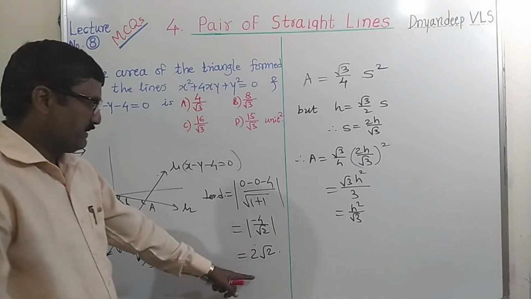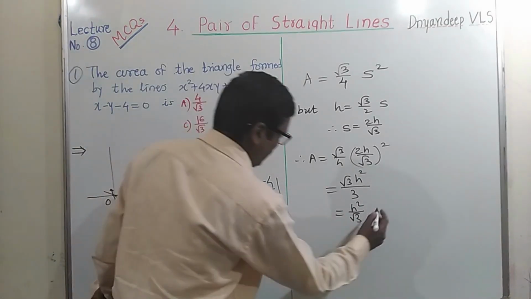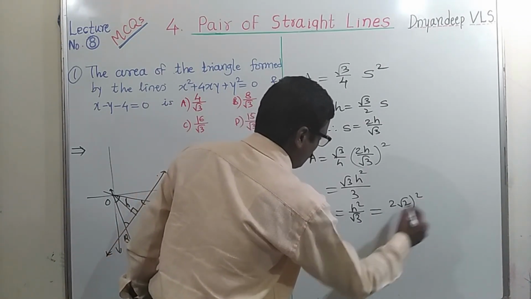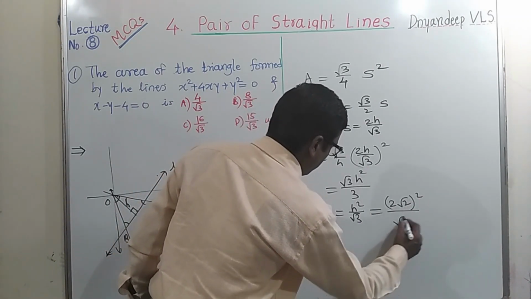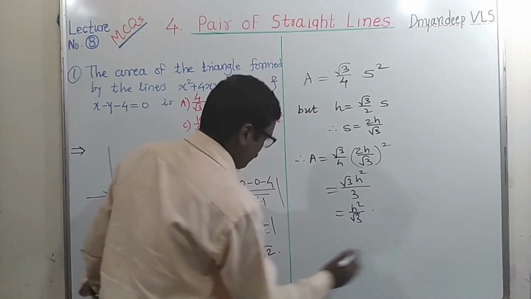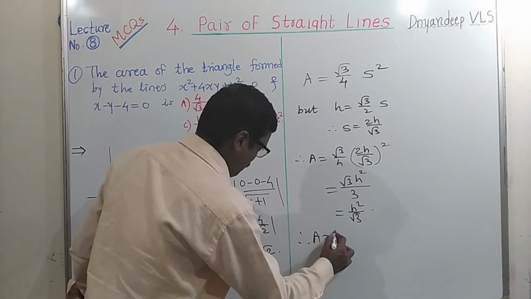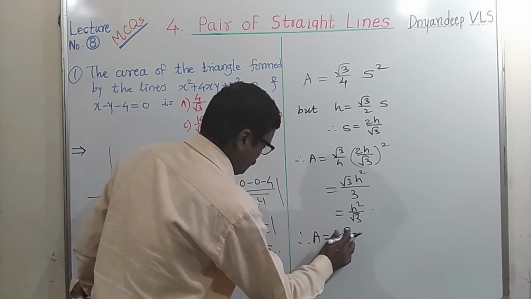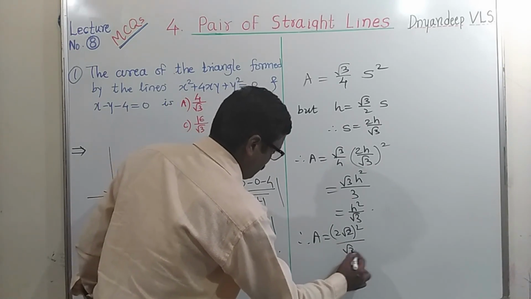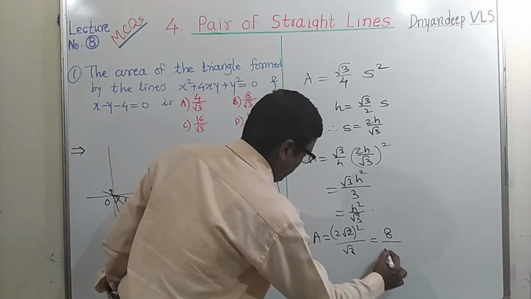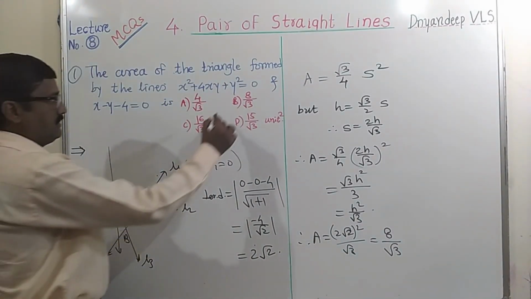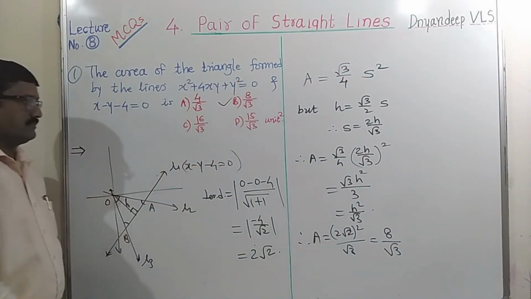Use that height here: 2 root 2 square upon root 3. Therefore, A is equal to (2 root 2) square upon root 3, and it is equal to 8 upon root 3. So the answer is option B.